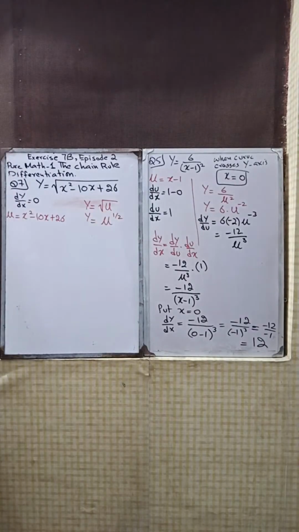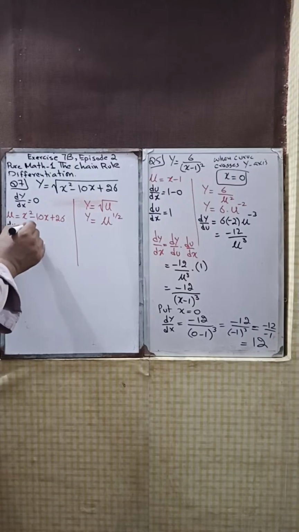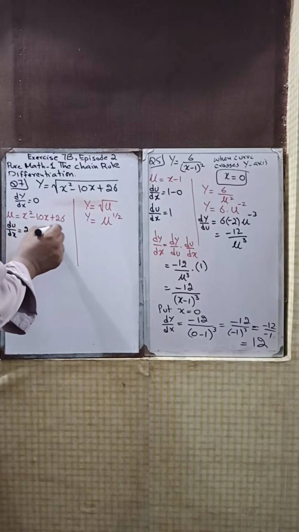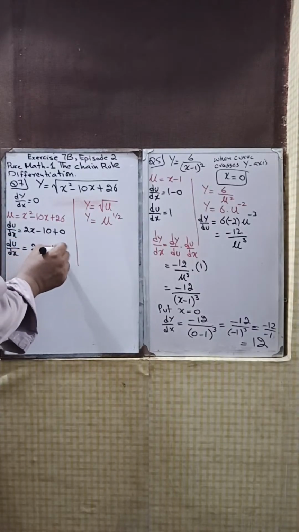Now I'm going to differentiate them. The u will be differentiated with respect to x and the y will be differentiated with respect to u. So you will have du by dx equals to 2x minus 10 plus 0. So du by dx will be equals to 2x minus 10.